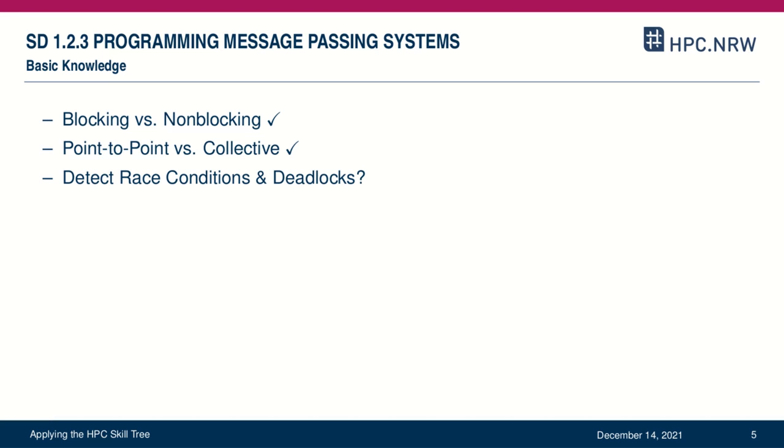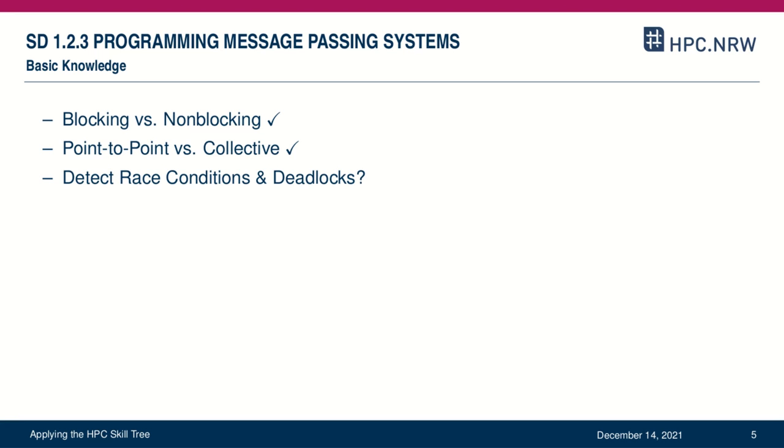However, detecting those race conditions and deadlocks, for me as a tools person, my background is in performance tools, mostly focusing on API, I think detecting is also more on actually using the tools to check whether you have them, detect where they are, and fix them. Those are higher level skills, and probably also part of a different skill.